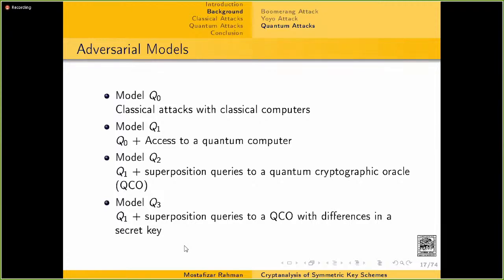Till now the probability is low, but it is quite possible. That is the model Q1.